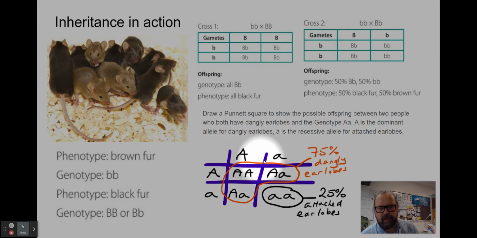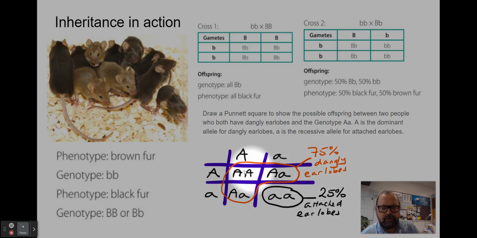We've paired up the alleles correctly, and we've identified that there's a 25%, or 1 in 4, chance that their offspring could inherit 2 copies of the recessive allele and have earlobes that attach straight to their body, whereas there's a 75% chance of the offspring getting at least 1 copy of the dominant allele for dangly earlobes, so a 75% chance their offspring would have dangly earlobes.